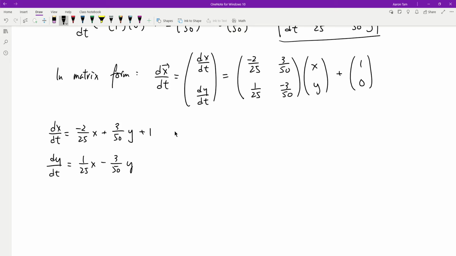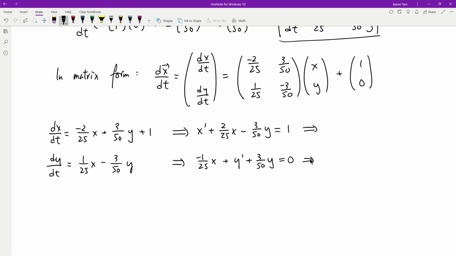And so I can write the first equation as x' plus 2/25 x minus 3/50 y equals 1. And the second equation can be written as negative 1/25 x plus y' plus 3/50 y equals 0. And now I'm going to write them into differential operator form.